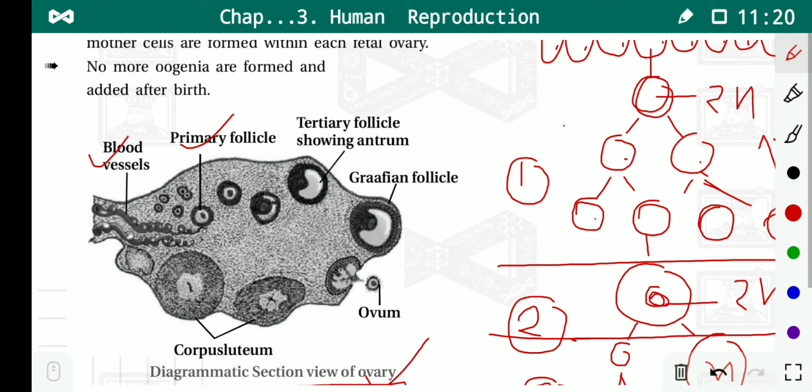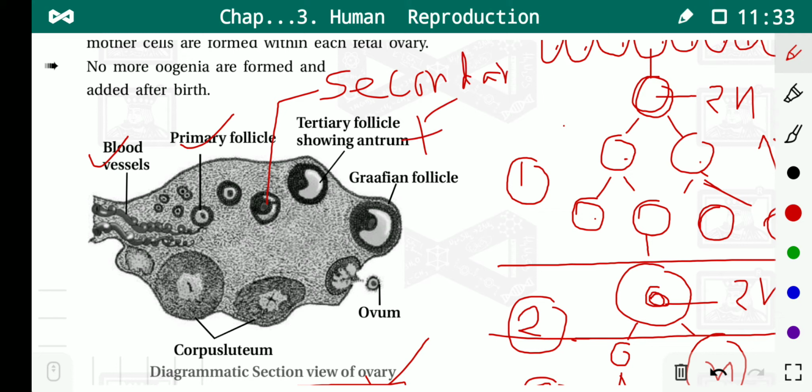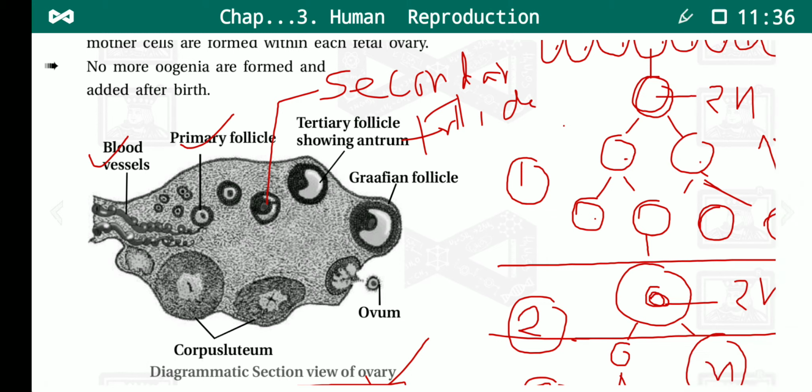Here you see this is the secondary follicle. In this secondary follicle, the outer layer is called the granulosa cells, and the inner cell is called the primary oocyte.